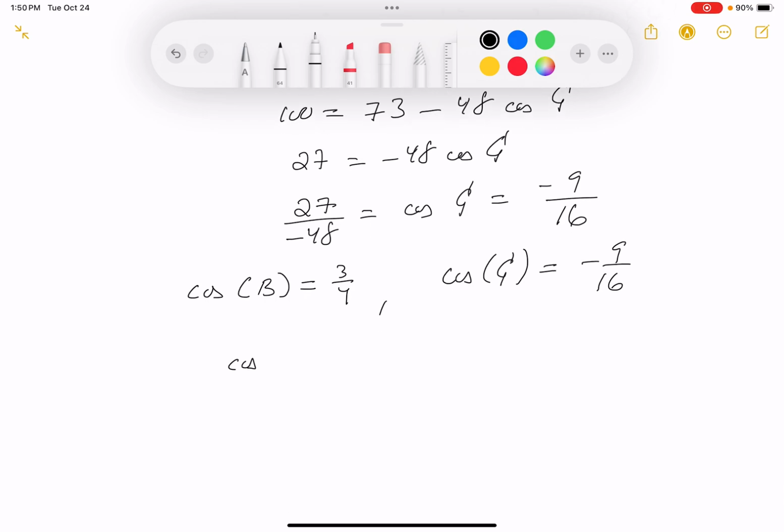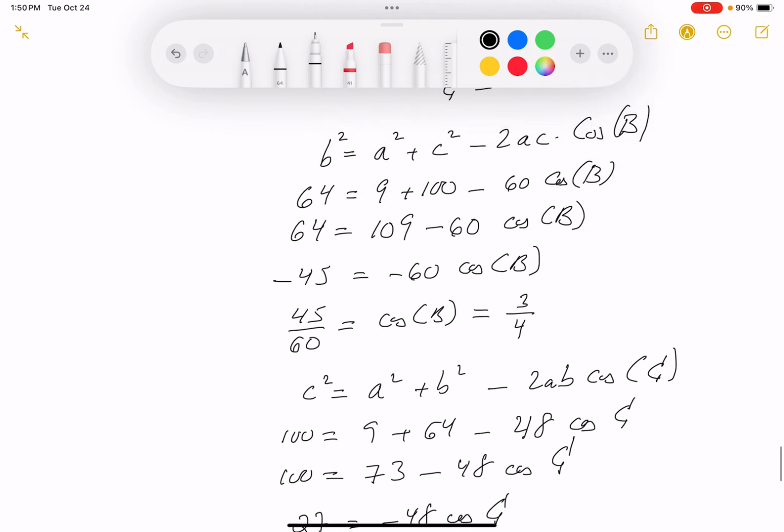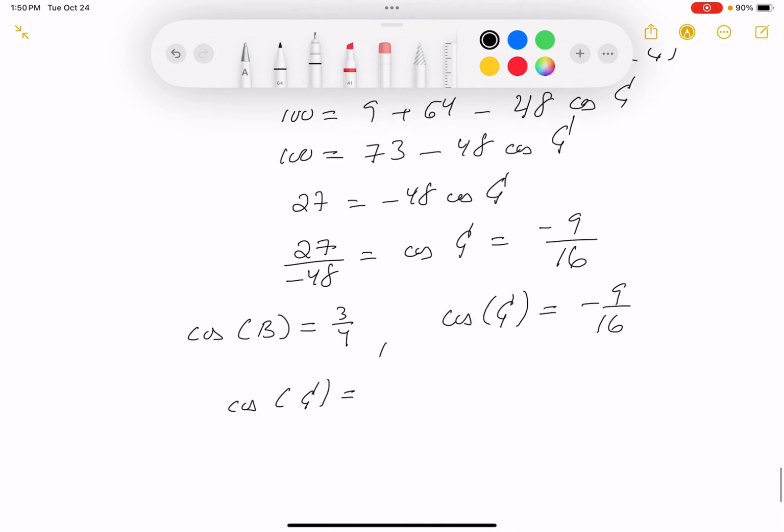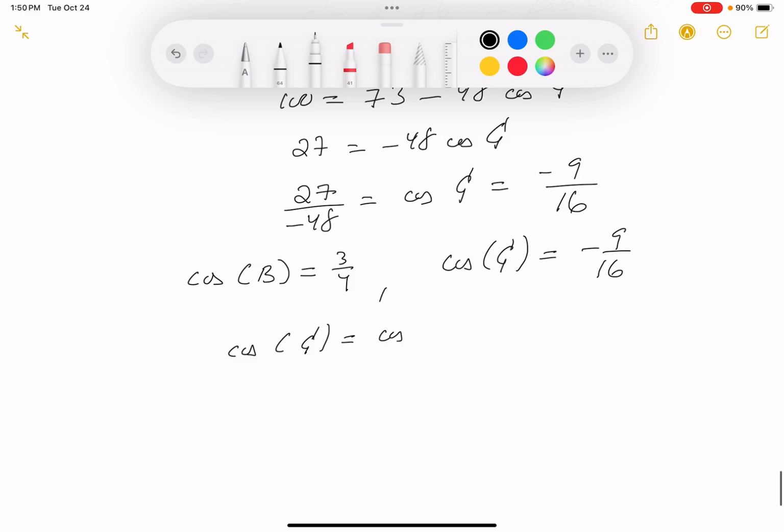I'm trying to show that cosine of C is equal to, remember, we want to show that C is 3B, that this is going to be the same thing as cosine of 3B, all right? So I'm going to write the cosine of 3B as 2B. Whoops, I didn't mean to do that. I went too quick there, right? It's 2B plus B. I can use my sum formula.